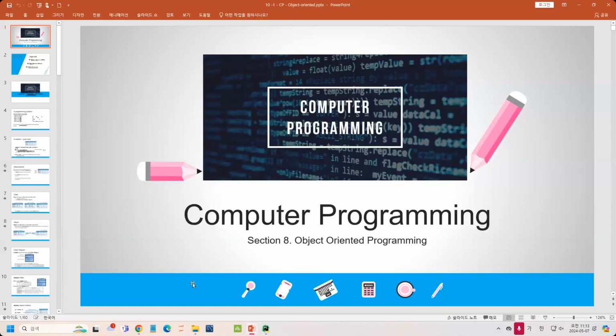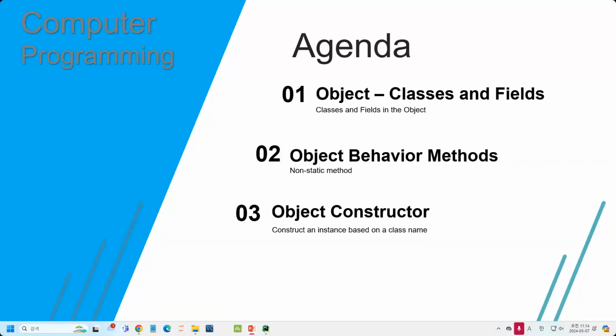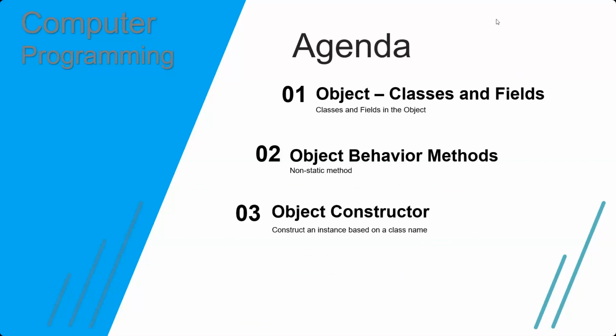Now I would like to continue to the next section. It is about object-oriented programming. So the content of this slide will be about what is object-oriented. So what is an object?